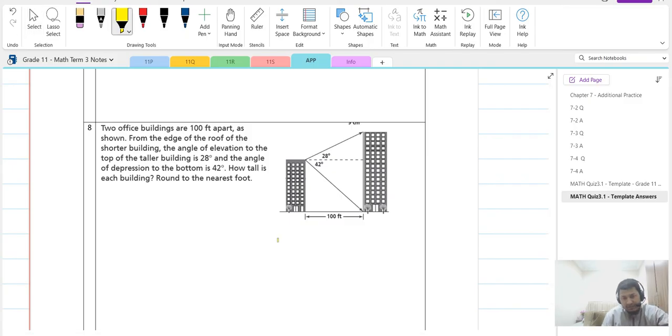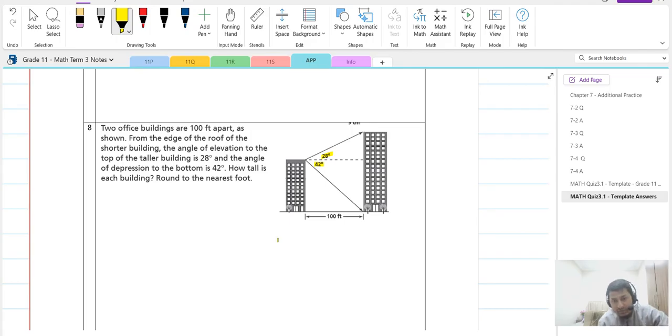We have two office buildings that are 100 feet apart, as shown. From the edge of the roof of the shorter building, the angle of elevation to the top of the taller building is 28, which is given here already, and the angle of depression to the bottom is 42, also given here already, right? How tall is each building, rounded to the nearest foot?